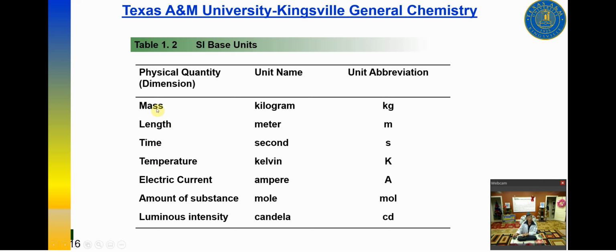You have quantities, you have the unit name and unit abbreviation. Everybody needs to know these several important base units, such as mass, length, time, temperature, electric current, amount of substance, luminous intensity, and so on.